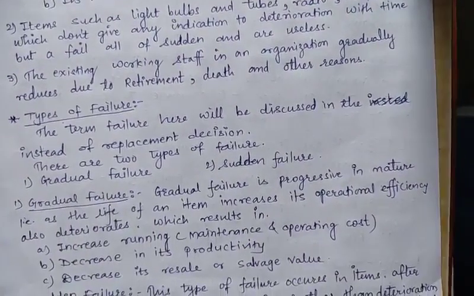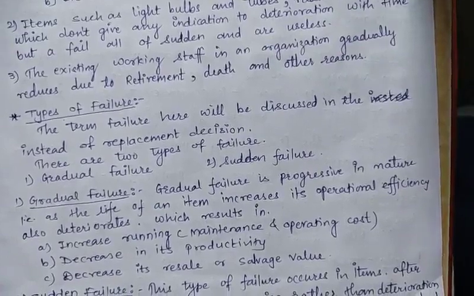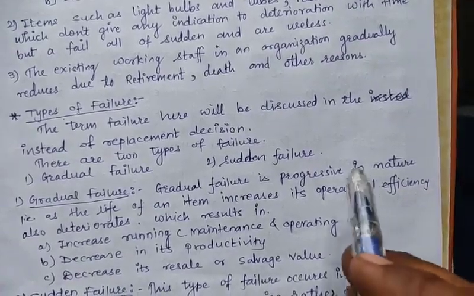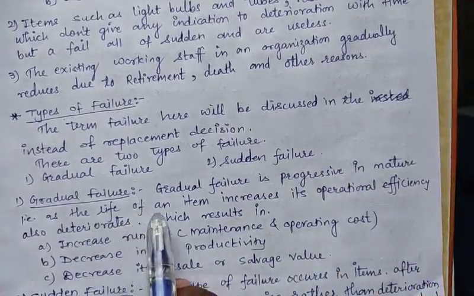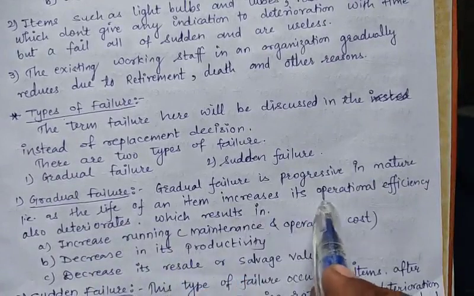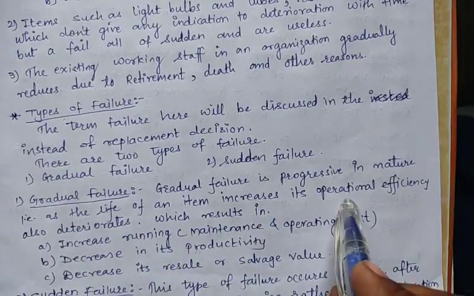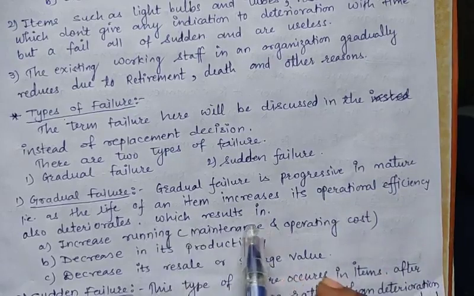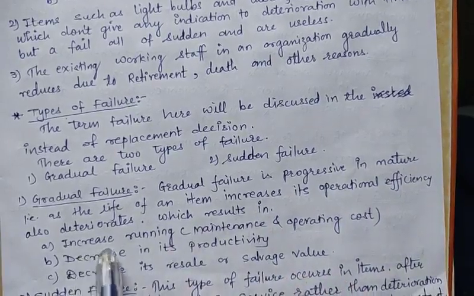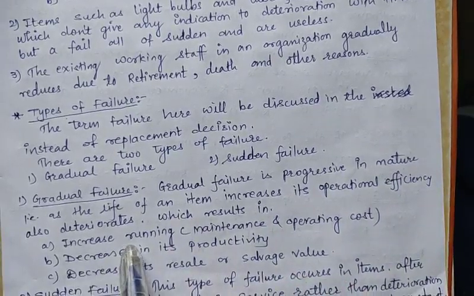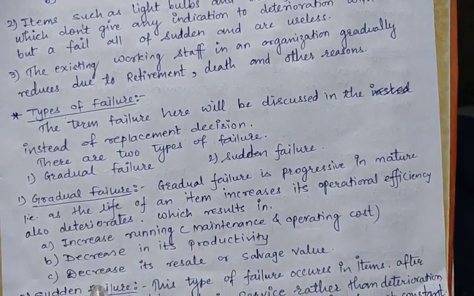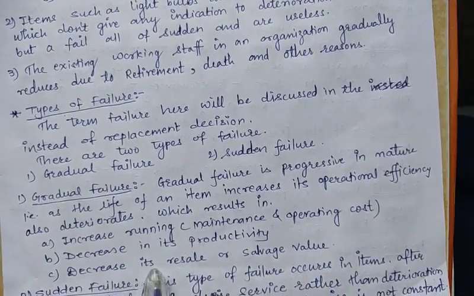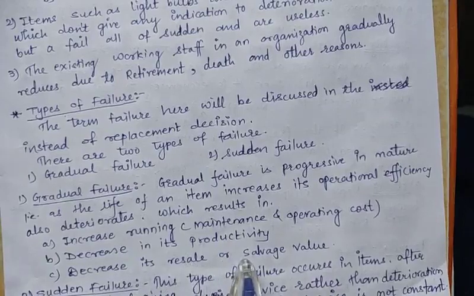So what is gradual failure? Gradual failure is progressive in nature. That is, as the life of an item increases, its operational efficiency also deteriorates, which results in, first, increased running or maintenance cost, second, decrease in its productivity, and last, decrease in its resale or salvage value.